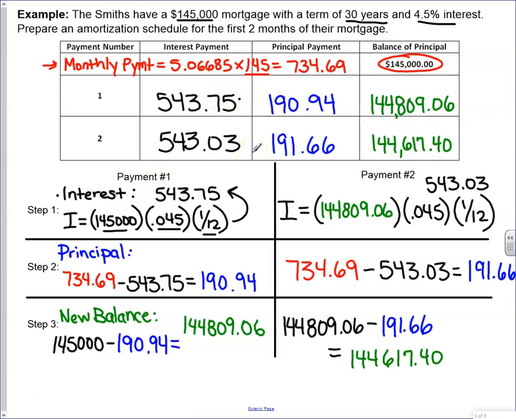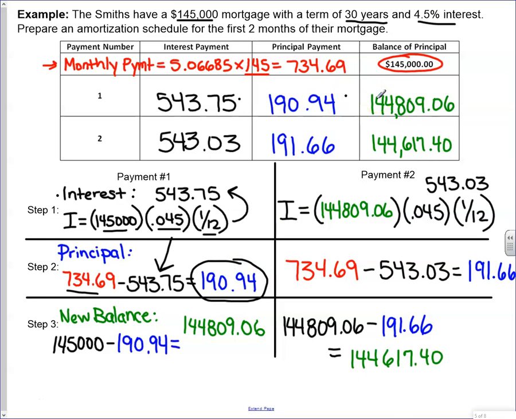So we've got that. Then whatever's left over is going to go towards the principal. So I'm always paying this amount, the $734, but I subtract off the amount of interest from that month. And the leftover, the $190.94, that's actually what's going to go into the principal.